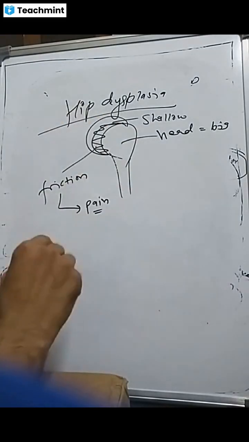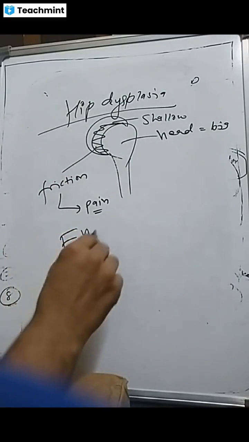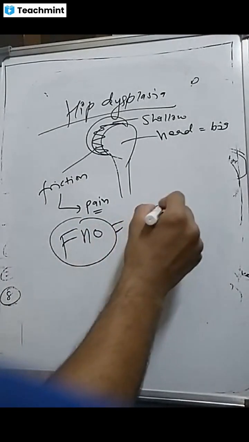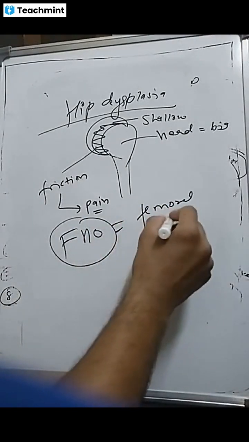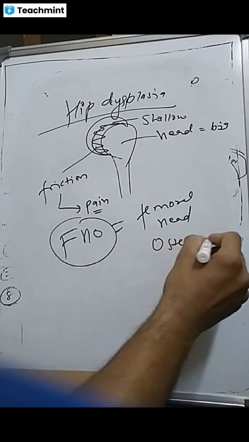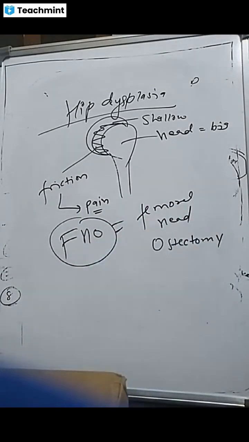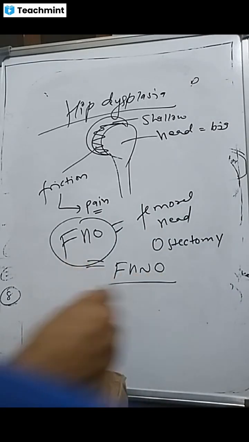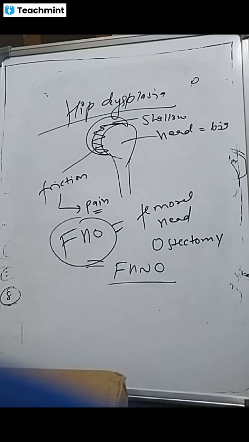So one of the treatments is FHO, that is femoral head osteotomy, removal. It should be called femoral head and neck osteotomy. Both are removed.